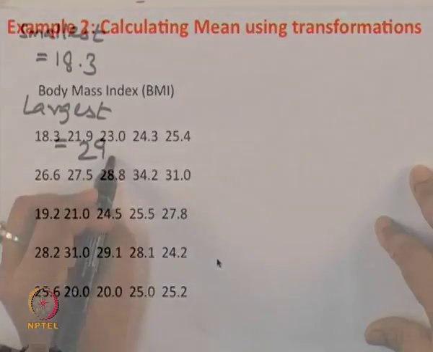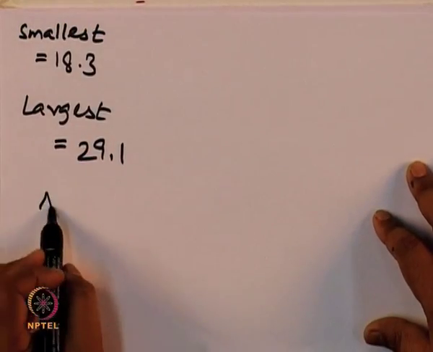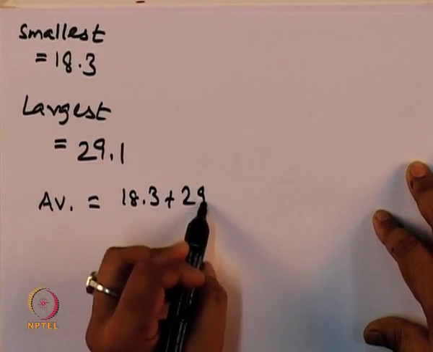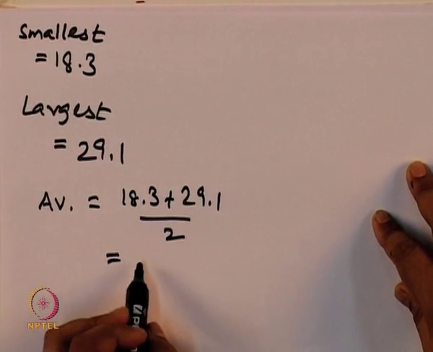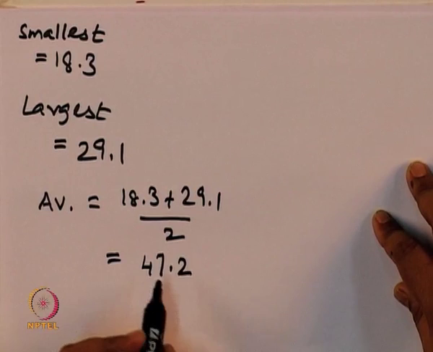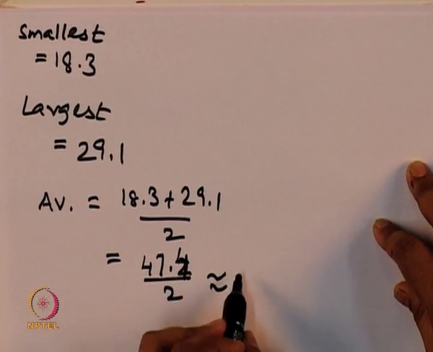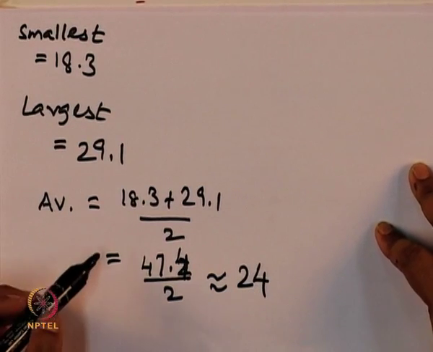Okay. So, as per this, my average is going to be 18.3 plus 29.1 by 2. So, 29 and 18 is 47, 47.4 by 2 is roughly equal to 24. So, your average is roughly 24.